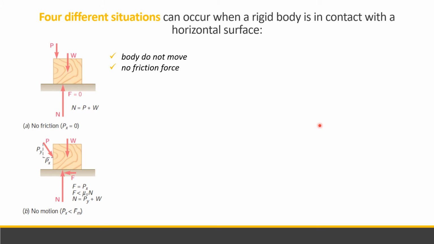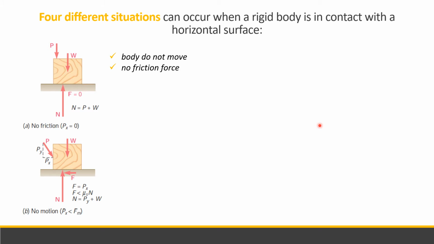For example, if you're leaning on a big box or big block, the force is small, so it does not move. You do not tend to move the body along the surface of contact, but the force is not large enough, so it is not in motion.